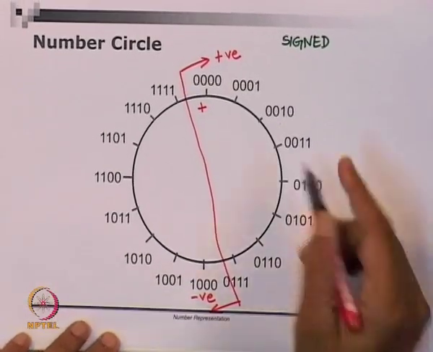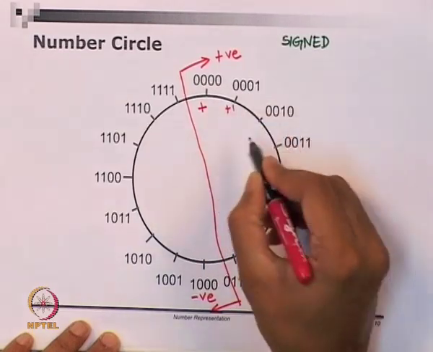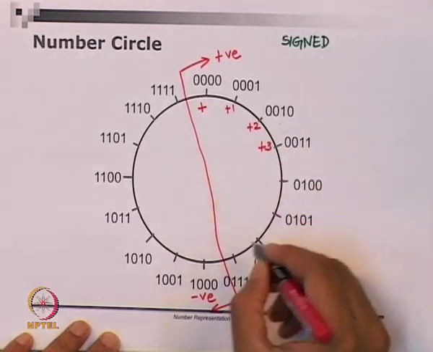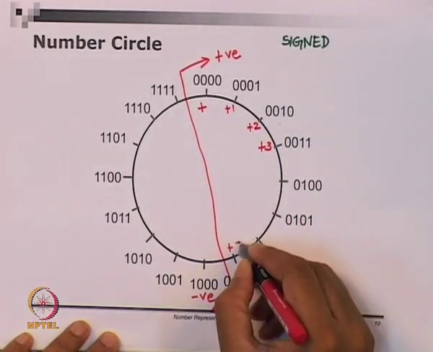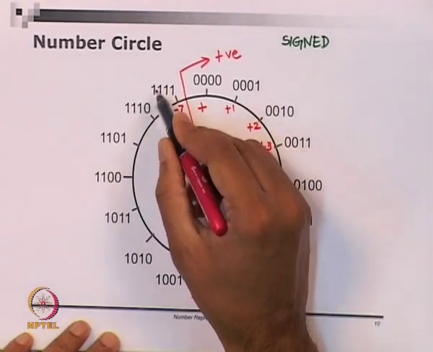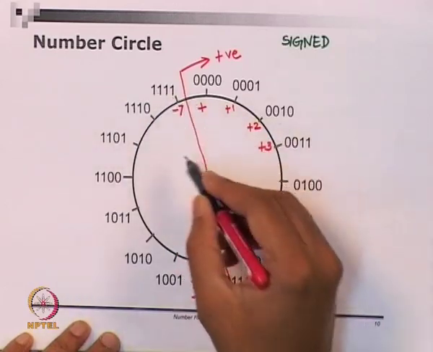So let us see what these numbers are. So this is plus 0, this number would be plus 1, this vector will be interpreted as plus 2, this is plus 3, so on up to plus 7. If you start from here, this is minus 7 because it's saying it's a negative number followed by 3 bits which stand for 7.